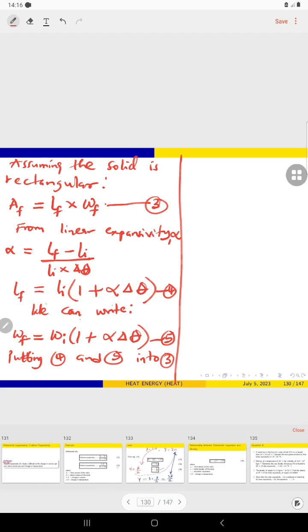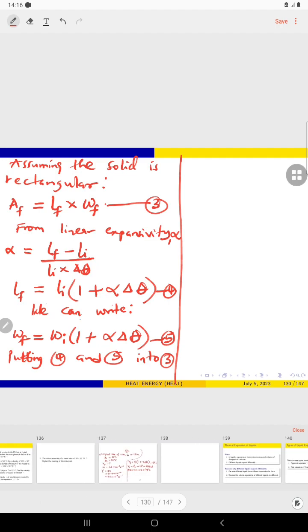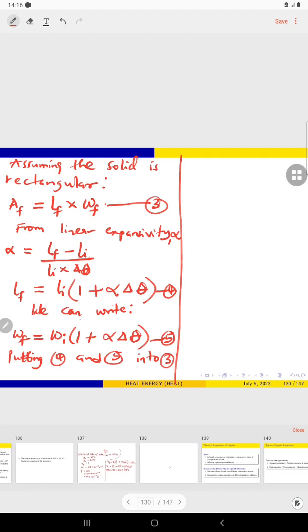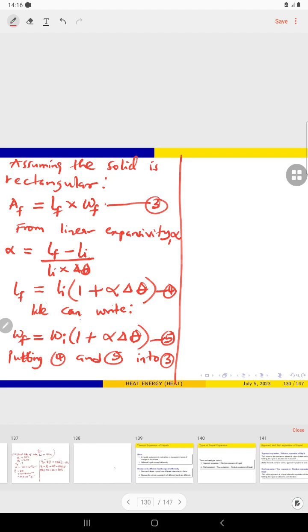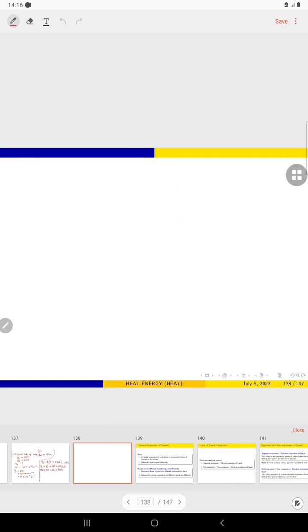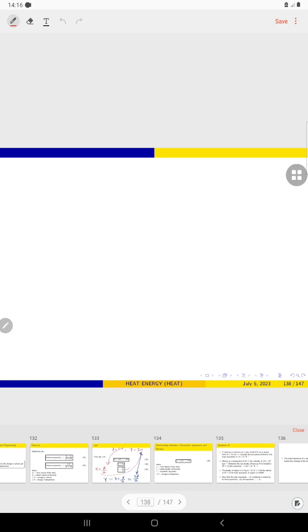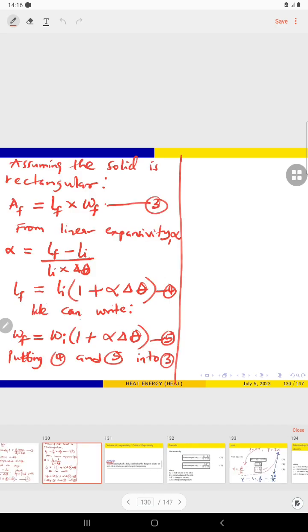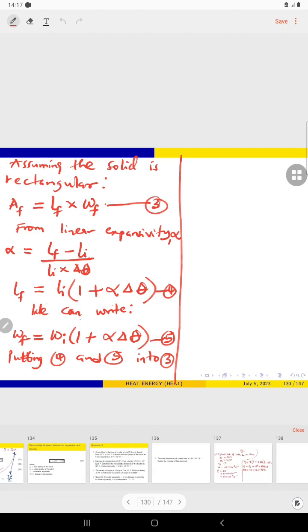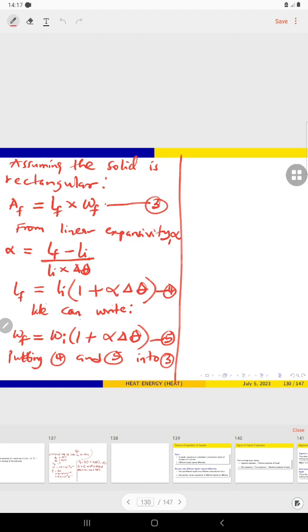Let me find a new board so that we can continue nicely. So if we are putting 4 and 5 into equation 3, then this is what I'm going to get. Let me write it here before I get the new.